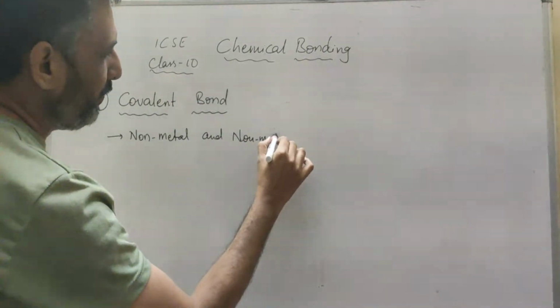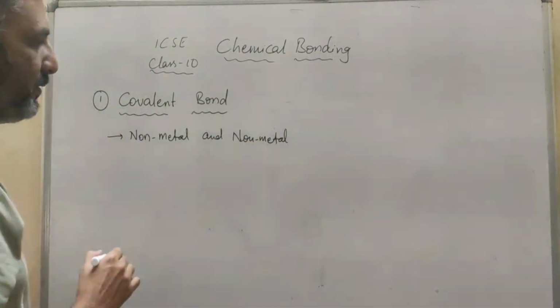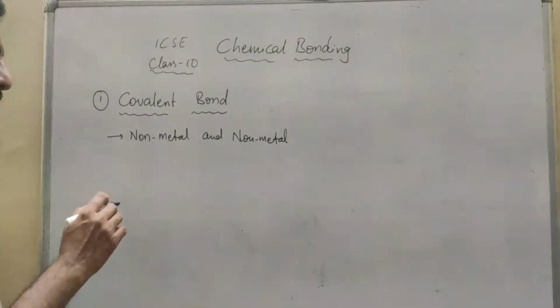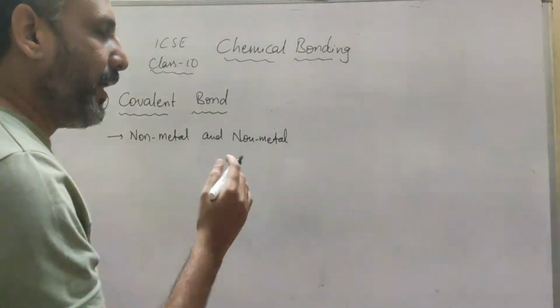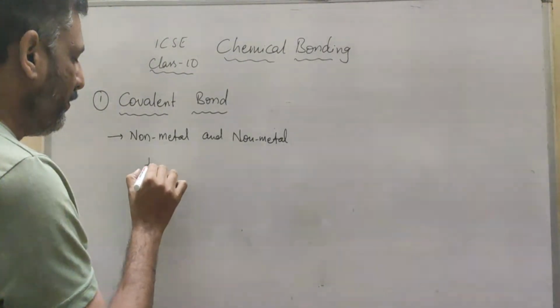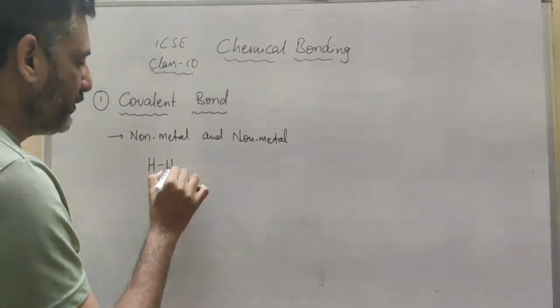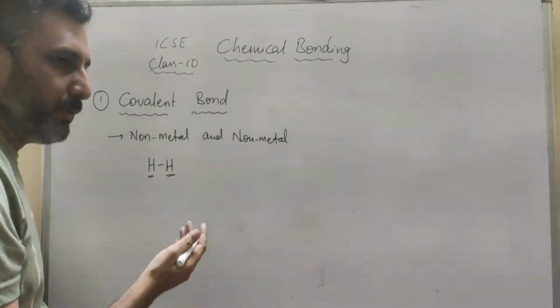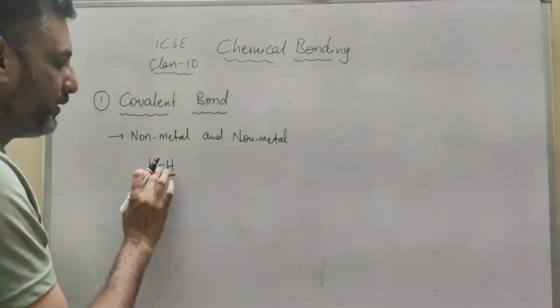That means between two non-metallic atoms, covalent bond is possible. It can be between identical or different kinds of atoms. When you see hydrogen bond hydrogen, hydrogen is a non-metal, and this is also hydrogen, a non-metallic atom. So this will be a covalent bond.